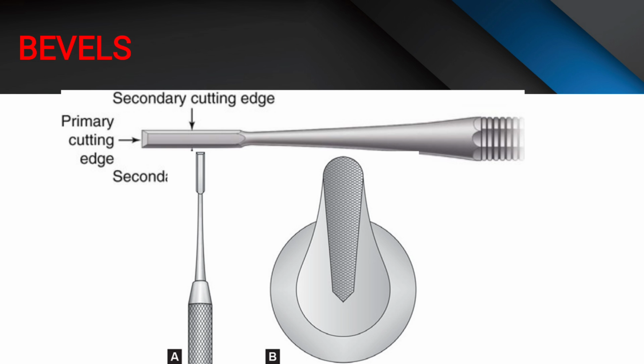Instrument bevels. Most hand cutting instruments have a single bevel at the end of the blade that forms the primary cutting edge. A bevel is a slope which is given to impart the cutting action to an instrument. And there are instruments with a bi-bevel, an example being the ordinary hatchet.